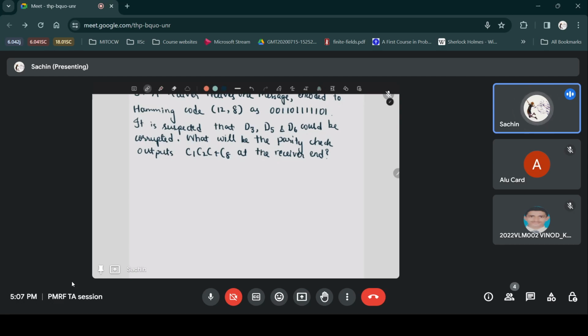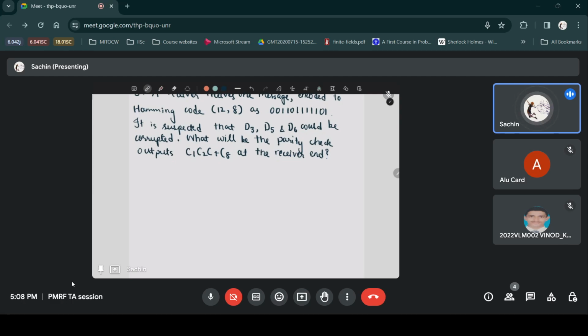So if it is 0000, then there might not be any errors, or if there were three errors, then they should have been D3, D5, and D6. So we'll check if our suspicion is correct or wrong.